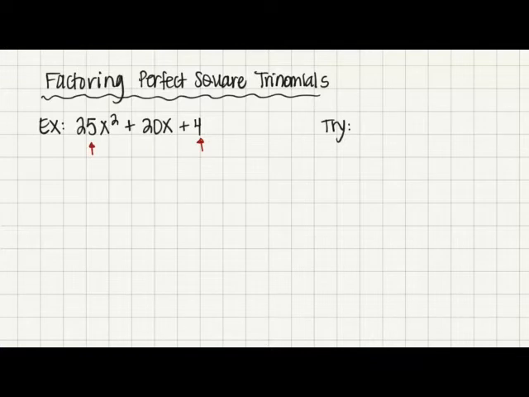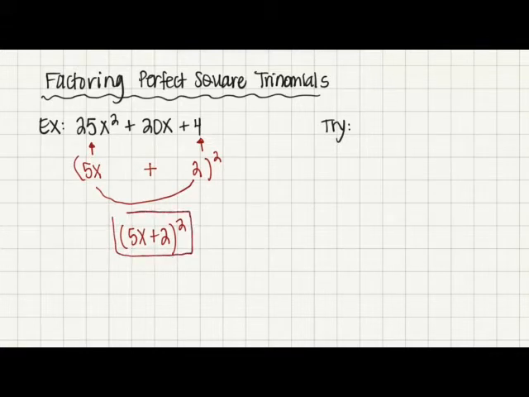Well, 25x squared is a square of 5x. 4 is a square of 2. 5x times 2 is 10x, doubled is 20x, and it's a positive, therefore we'll have positive 2. And that's our answer. We're just going to write it a little bit nicer, 5x plus 2 quantity squared.